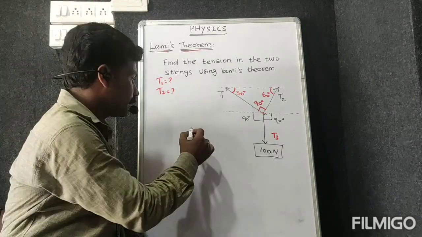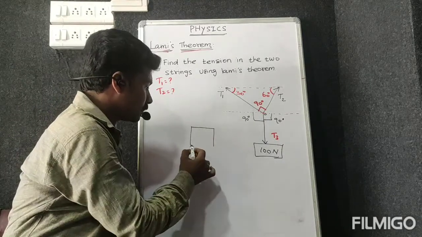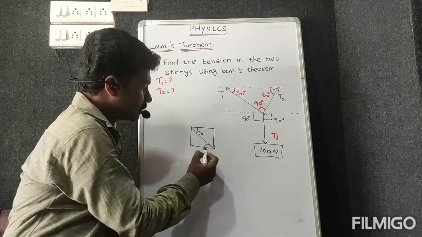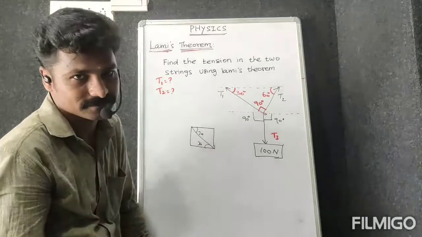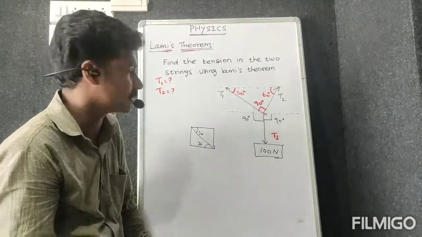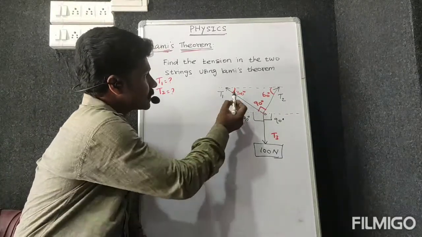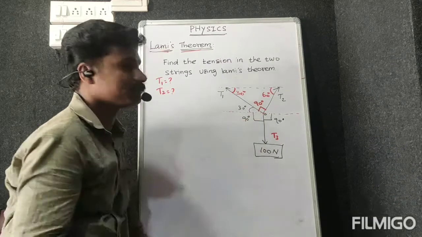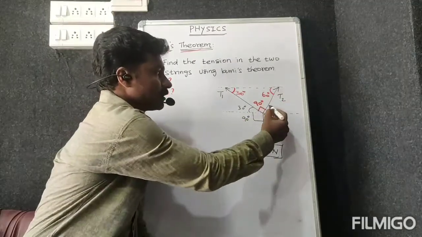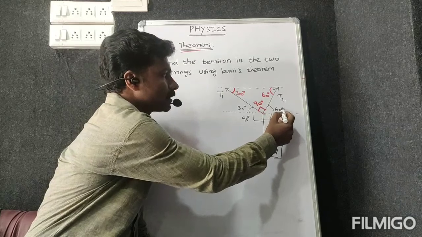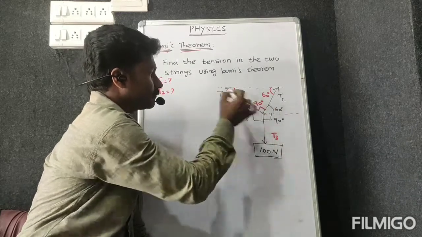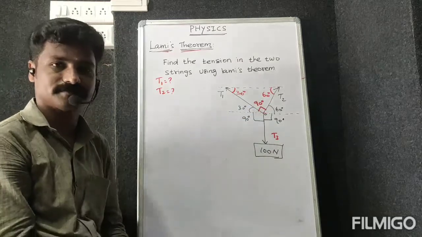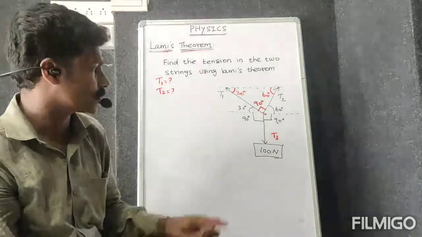Then next idea, see, it is like a square. This angle is 30. What about this angle? This angle is also 30, correct, opposite angles are equal. So here 30, here also 30. Here 60, here also 60. It is like a square, opposite angles. Clear? So we can find the angles.